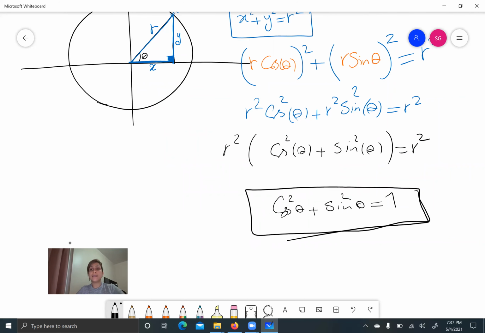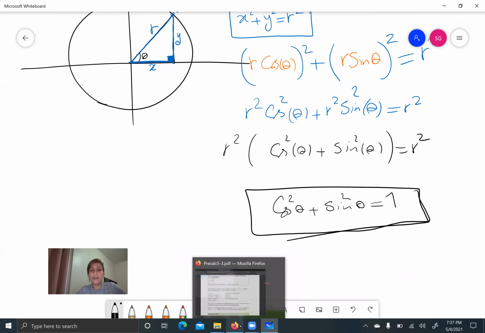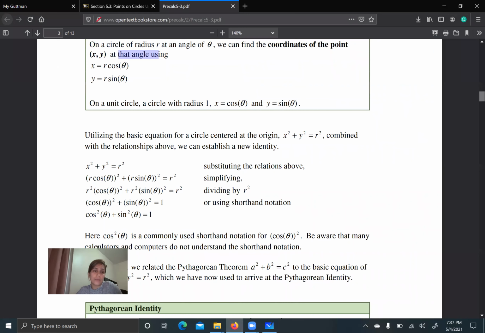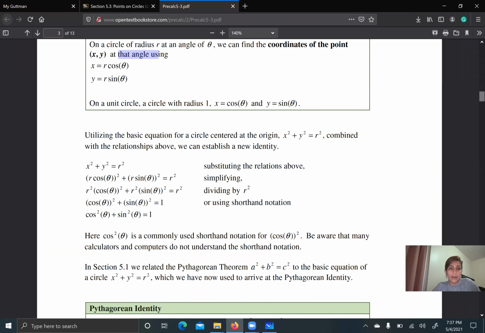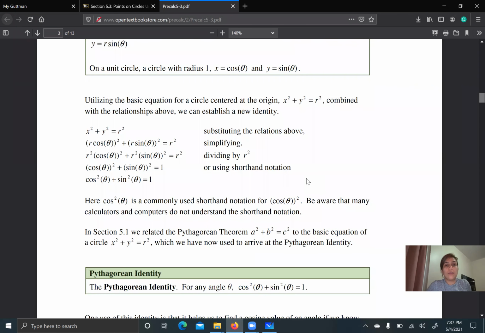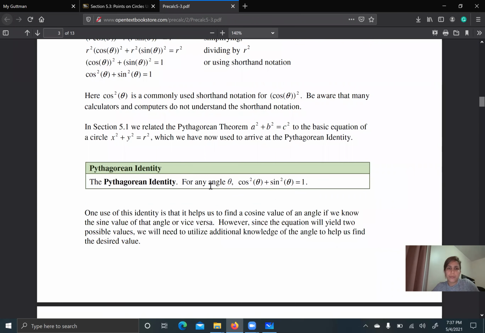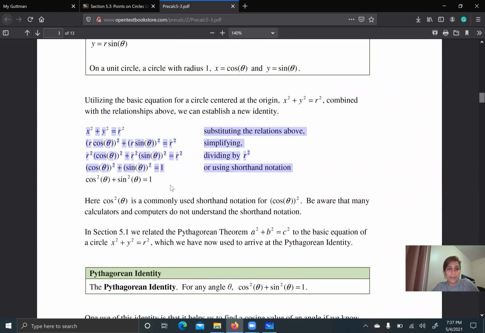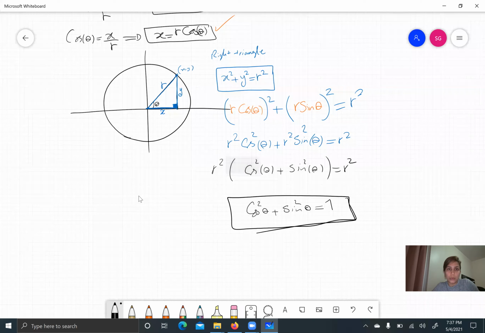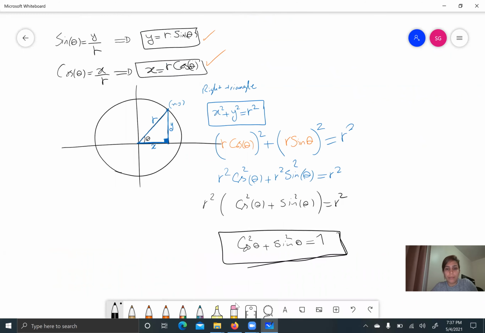This is the first trig identity that you are seeing, and it's very fundamental. It's very useful. We use this all along this textbook and in your following courses. So here is the proof of where this identity comes from.